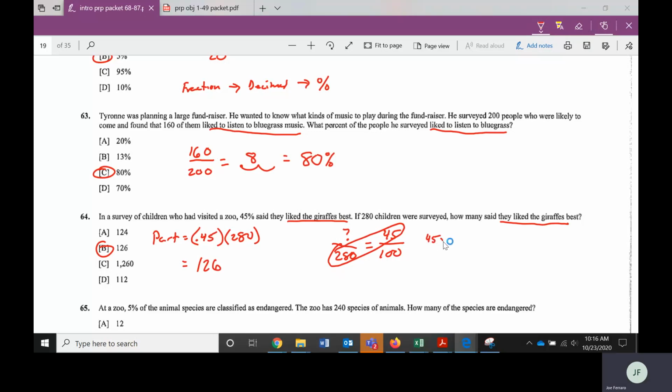So we're going to go 45 times 280, divide by the third number, which is 100. So you type that in your calculator, you get 12,600. Divide that by 100, and you get 126.